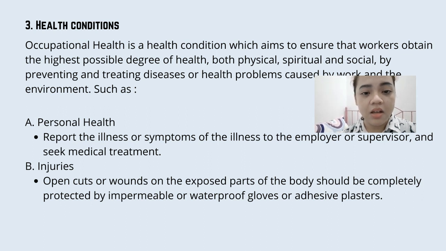And last, staff ordered by a health officer to stop working or taking part in the food business should have written clearance from the health officer before returning to handle food.